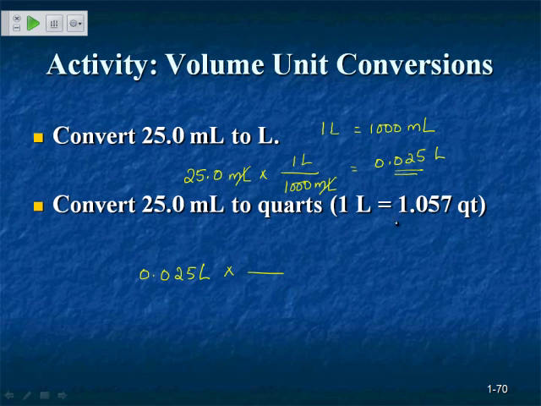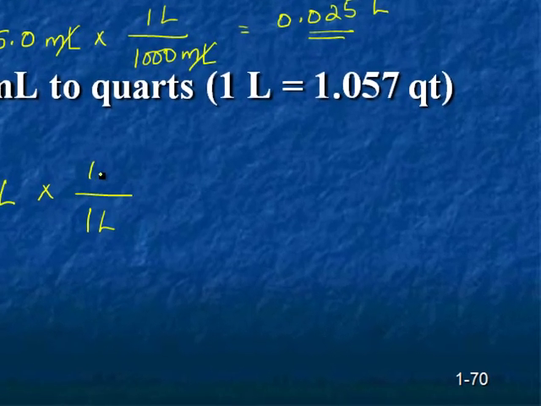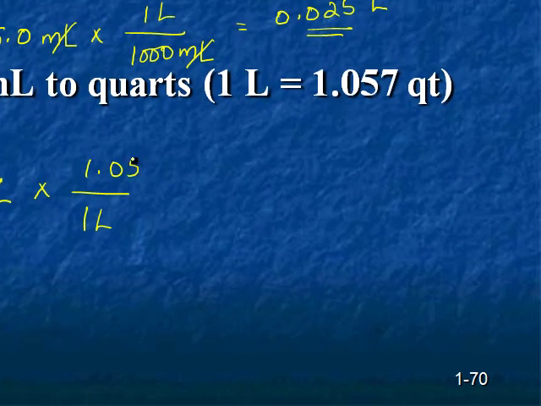So from the conversion, liter part should go down. So 1 liter will be in the bottom, and we are looking for quarts, so that should go up. 1.057 quart on the top. So now the liters and liters can be cancelled, and how many quarts do you have?